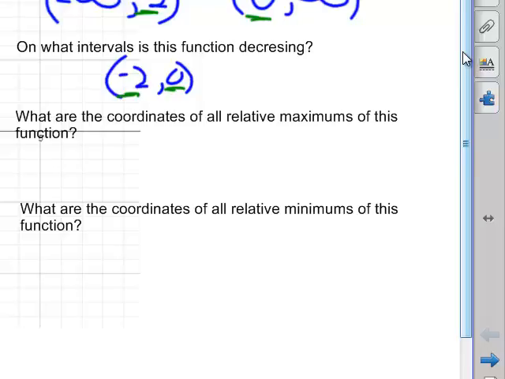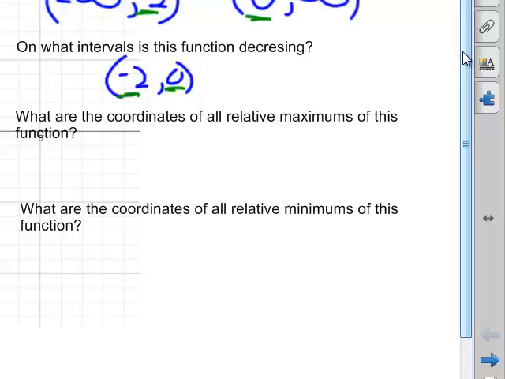They're critical points. Negative 2 and 0 are critical points. Now somebody remind me what critical points are. That's right. That means that the first derivative is 0 or it's undefined.